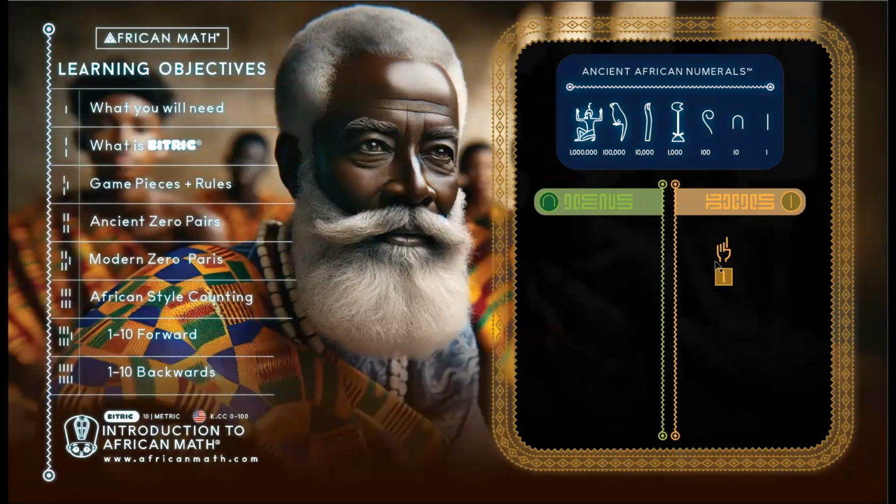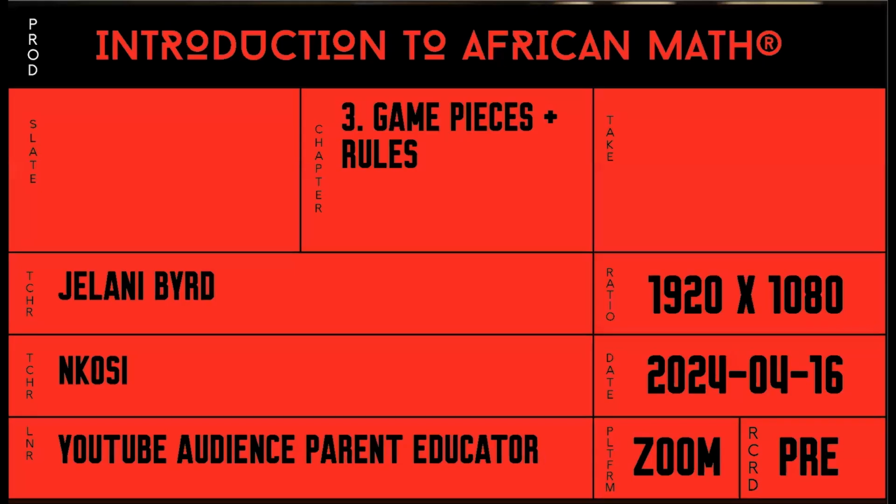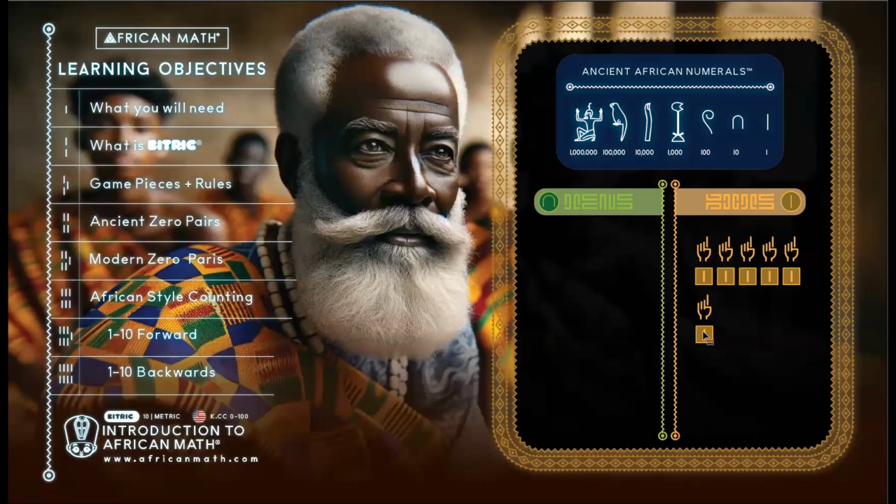Now, when using the system, the reason you want to have the counting blocks is because you have to build up groups. If we don't build groups, we can just count by ones. We have 1, 2, 3, 4, 5, 6, 7, 8, and so forth.